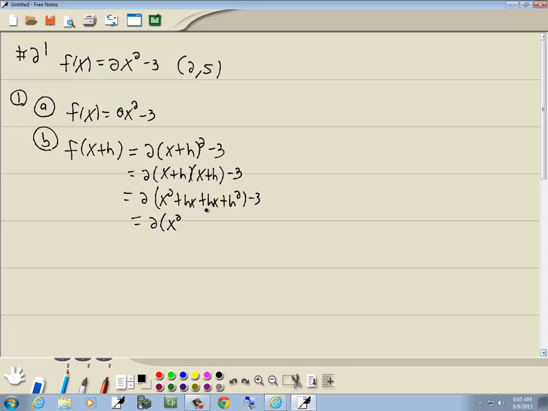Combine like terms: hx plus hx is 2hx, plus h squared, minus 3. Oops, my parentheses. Now multiply the 2 through, and I got 2x squared plus 4hx plus 2h squared minus 3.